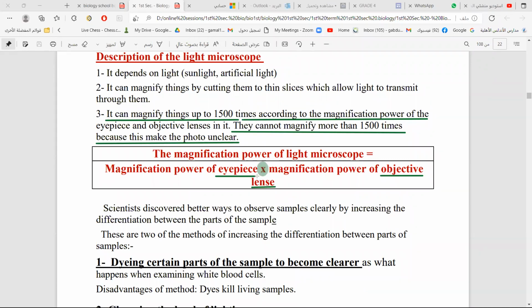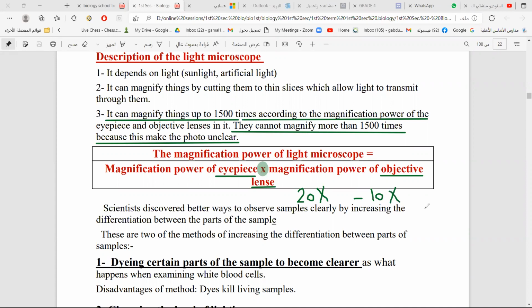So if there is a microscope with the magnification power of the ocular lens 20x, and another lens, the objective lens, 10x, what is the magnification power of the microscope?